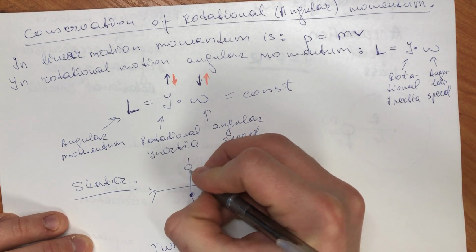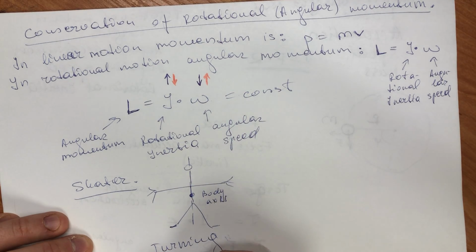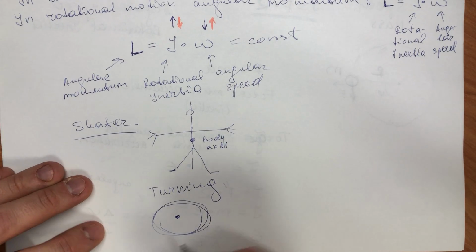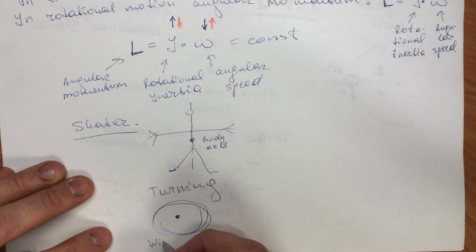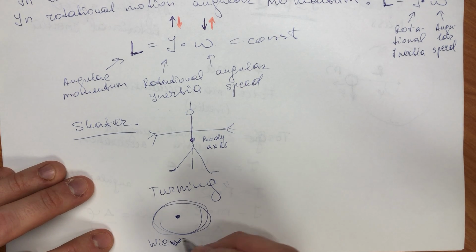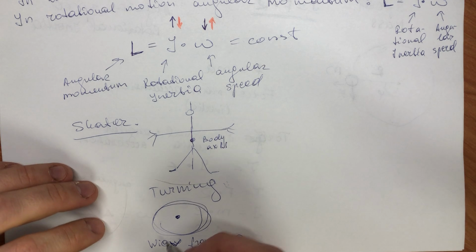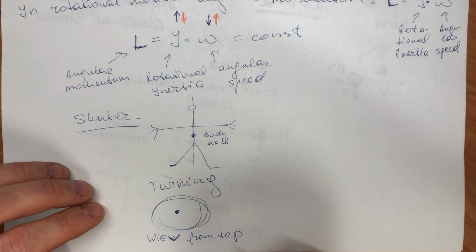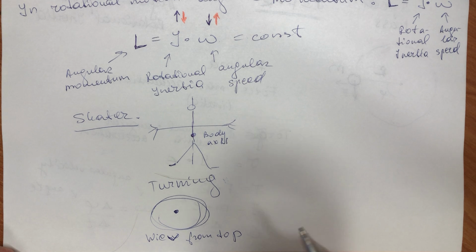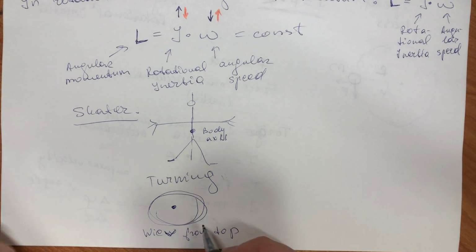Let's say the axis goes like this. So this is the view from the top, and this is what you see from the top.